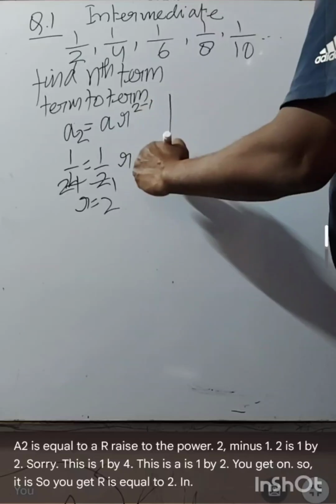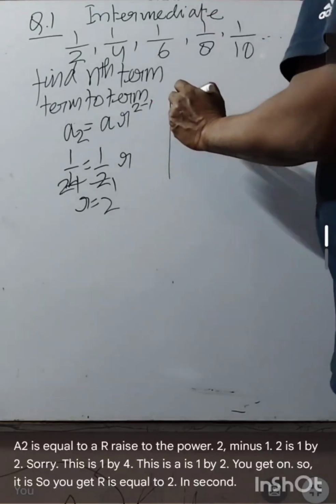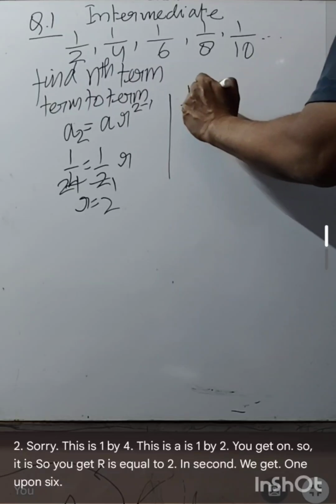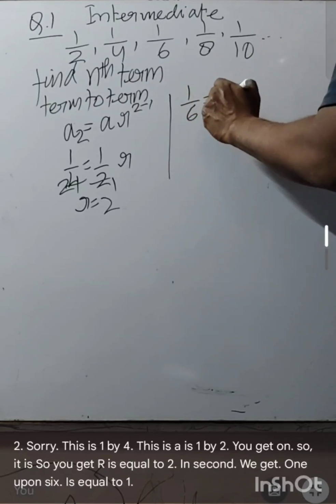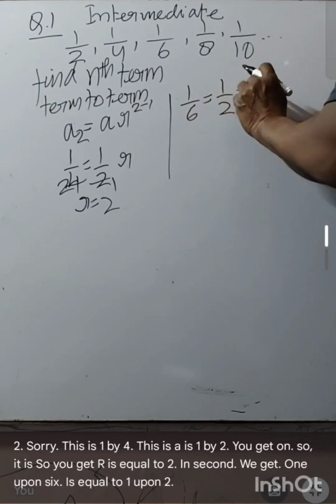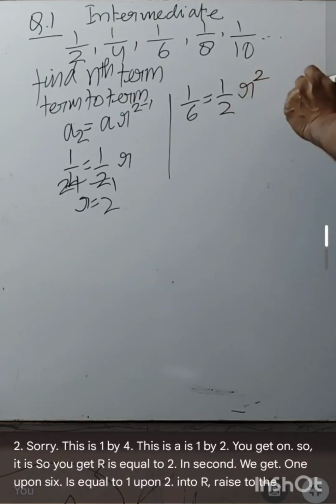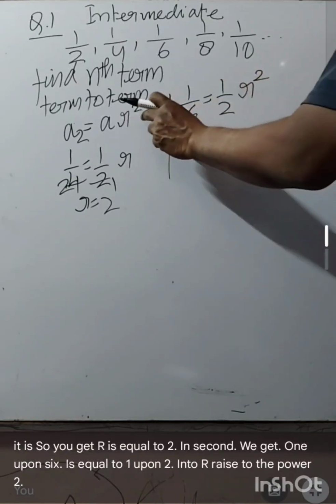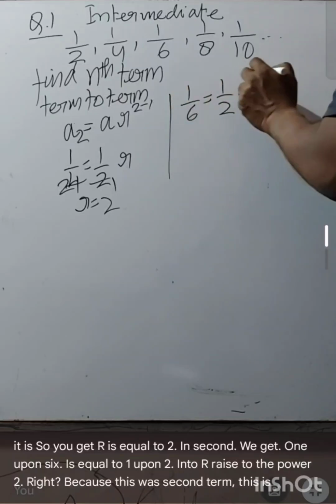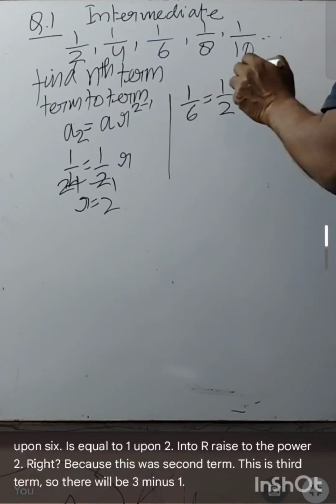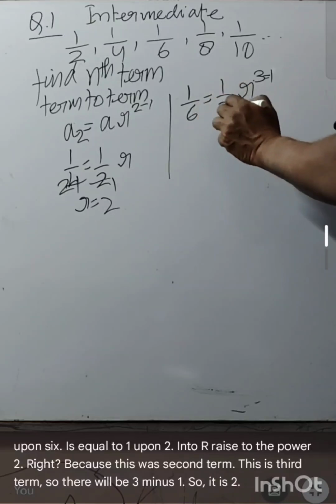In the second, we get 1 upon 6 is equal to 1 upon 2 into r raised to the power 2. Right? Because this was the second term, this is the third term, so there will be 3 minus 1, so it is 2.